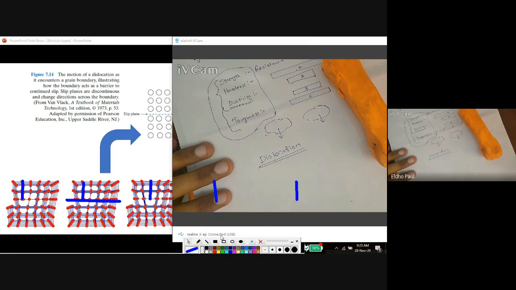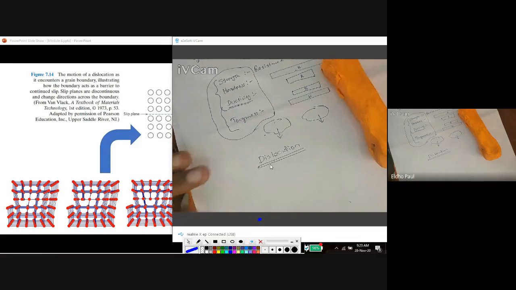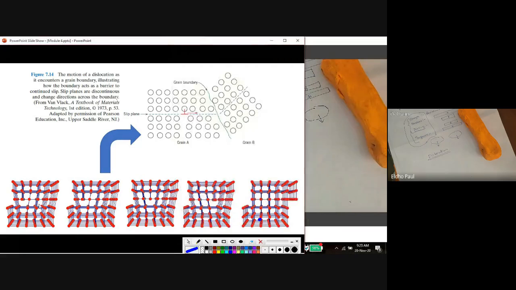If we can remove the dislocation, or if we can arrest the movement of dislocation, then we can improve the strength. There are two possibilities. First one is to remove the dislocations from the material. If there is no dislocation, we can say the material will have very high strength.